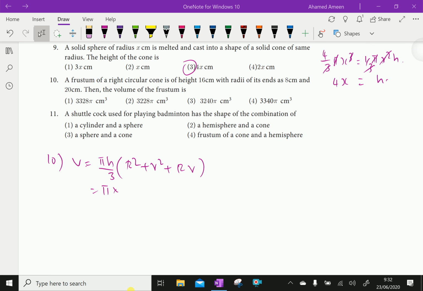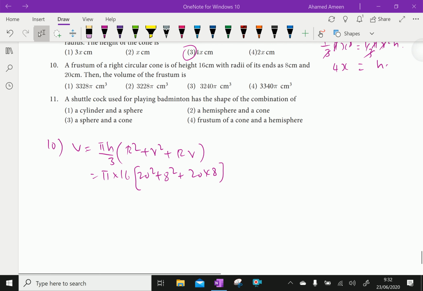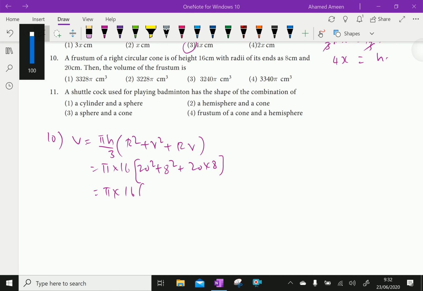Pi h, the frustum of right circular cone height is 16 centimeter. Bigger radius is 20 squared, smaller radius is 8 squared, plus 20 into 8. Here pi into 16, 400 plus 64 plus 160, which is equal to pi h by 3 here.